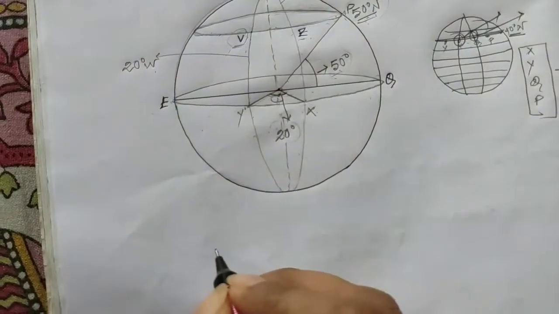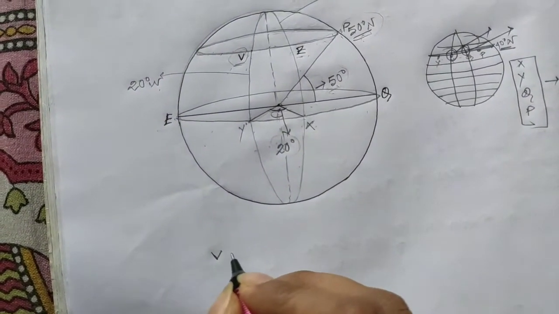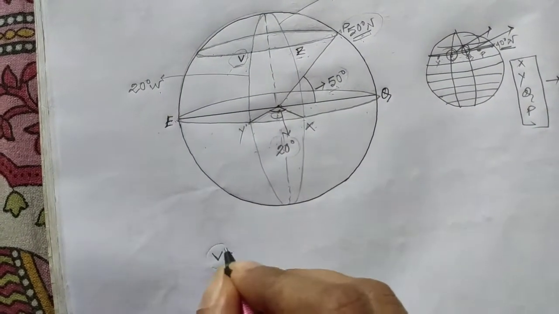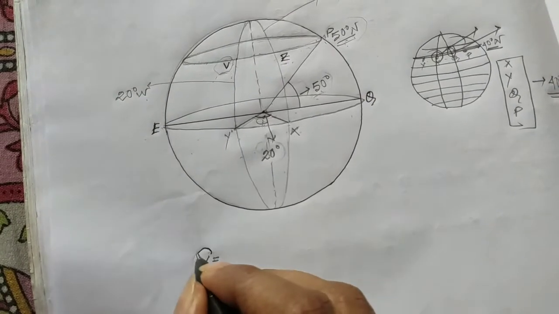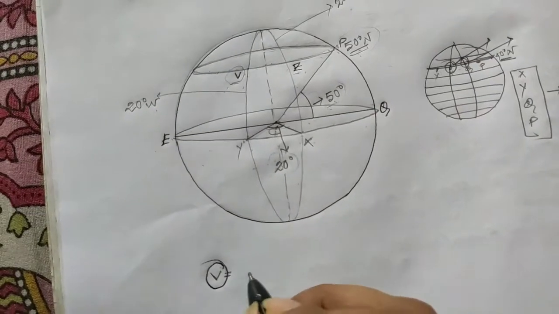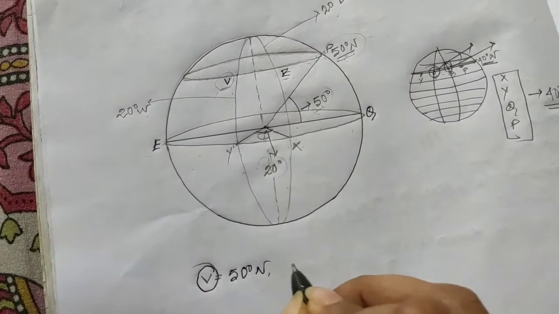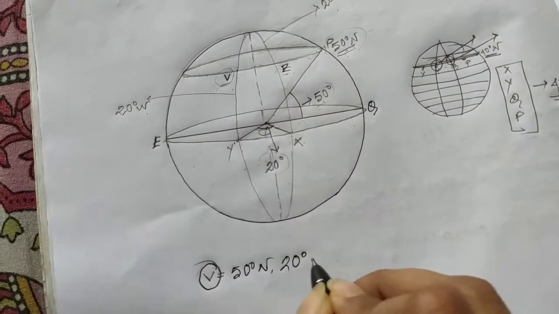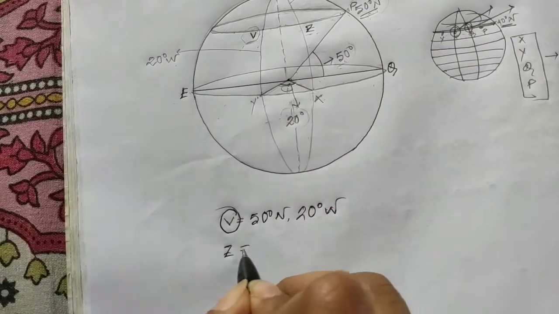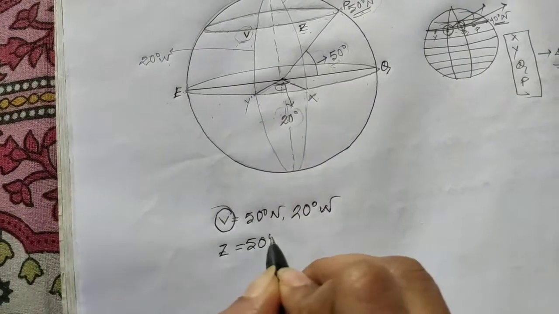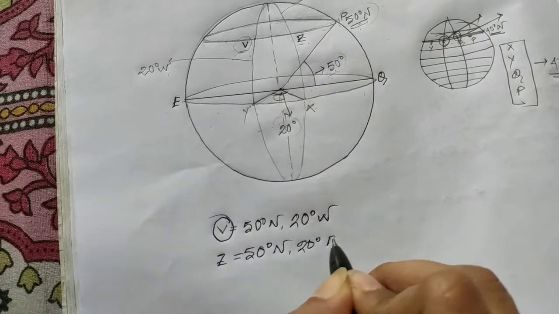So the location of place V will be 50 degrees north and 20 degrees west, and the location of place Z will be 50 degrees north and 20 degrees east.